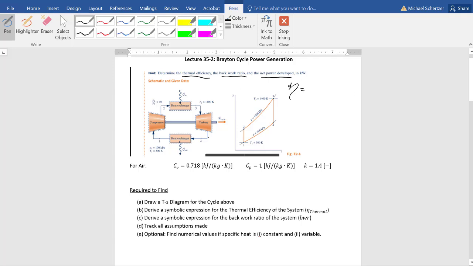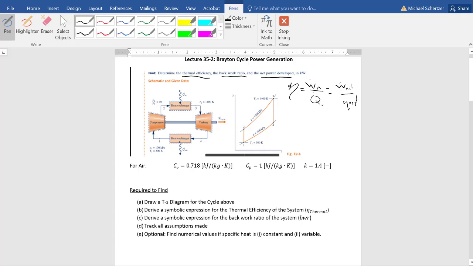And because this is a heat engine, the energy benefit is going to be net work, and the energy cost is going to be heat in, right? Now, because if I look at this component, the mass flow rate through each one of these different components is the same. So I can also write this as little w dot net divided by little q dot net.